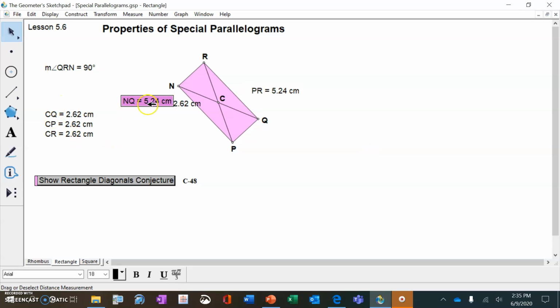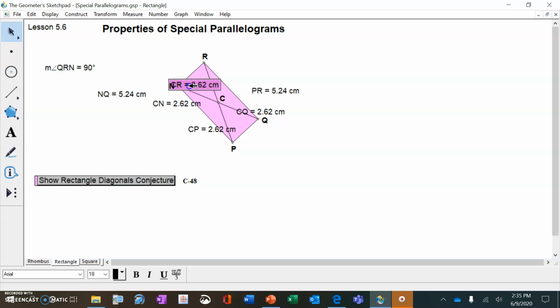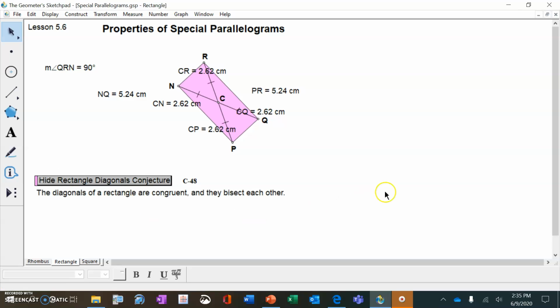From C to N and from C to Q are both 2.62. And from C to P and from C to R are both also 2.62. So conjecture number 48, the diagonals of a rectangle are congruent and they bisect each other into 4 equal parts.